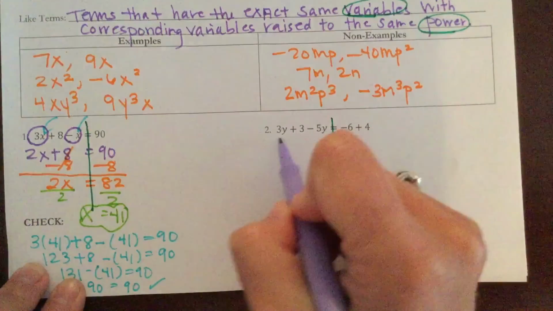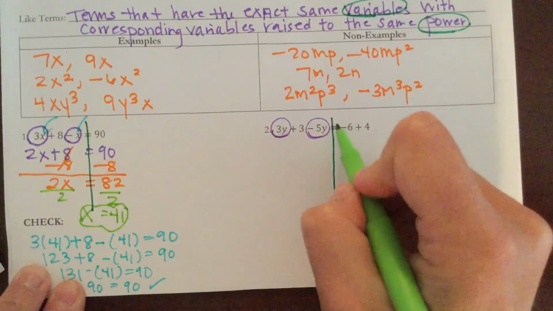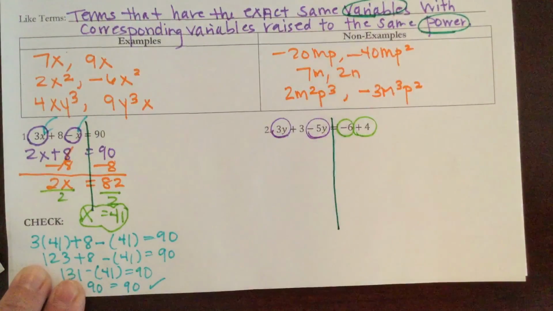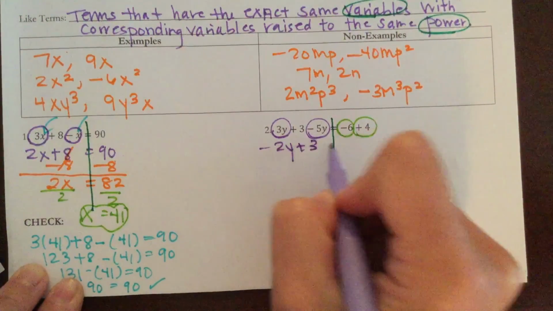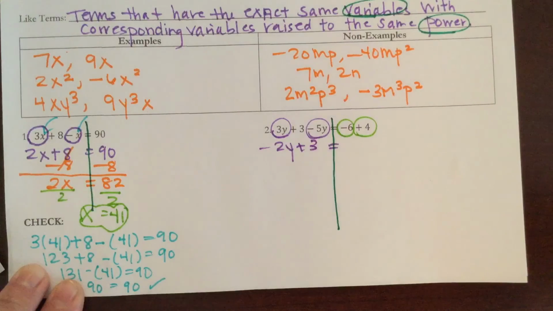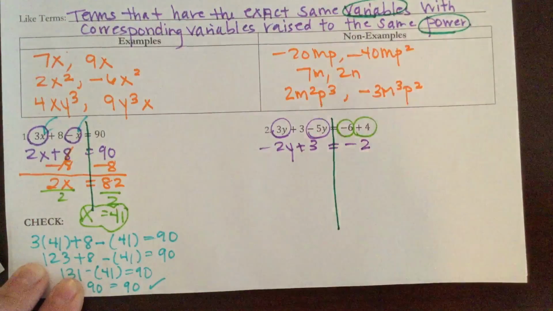We should see that we have like terms here with 3y and negative 5y, and we also have like terms over here with negative 6 and positive 4. Combining our like terms, 3y minus 5y gives me negative 2y. And on the right-hand side, negative 6 and positive 4 make negative 2.